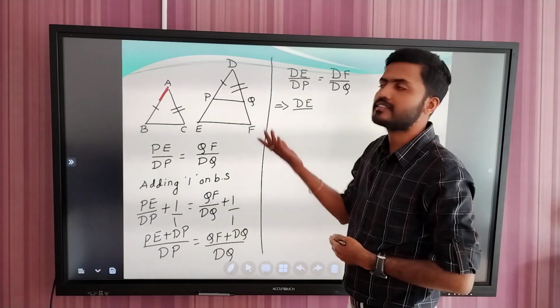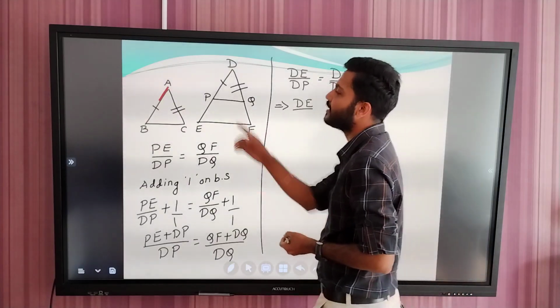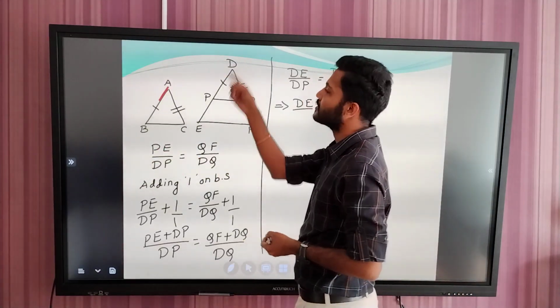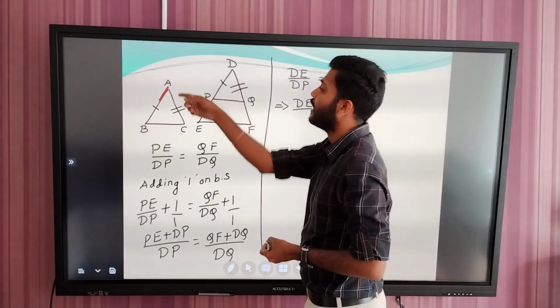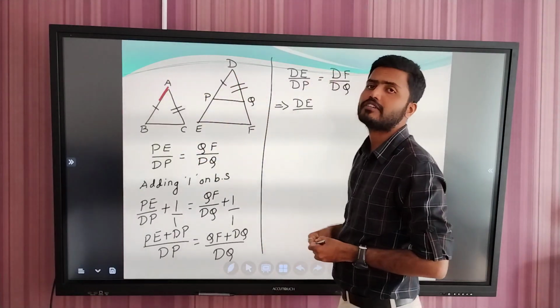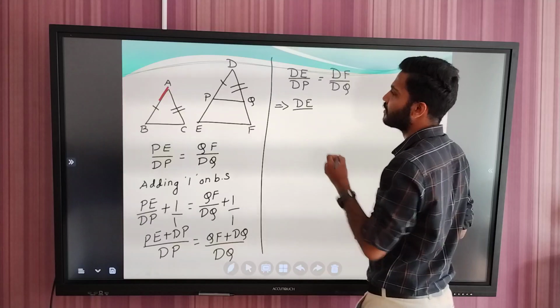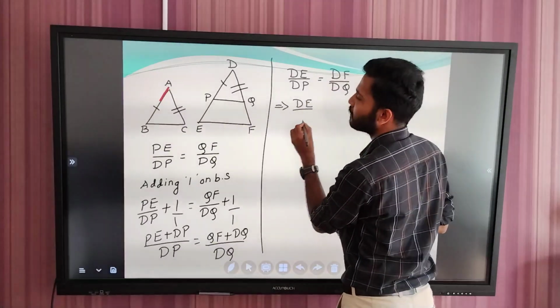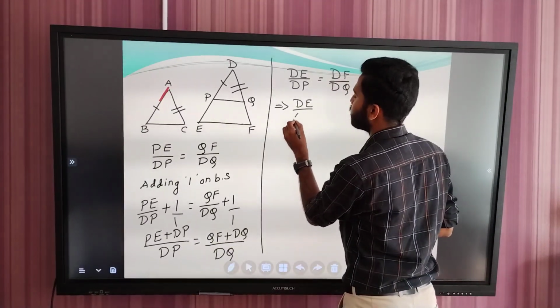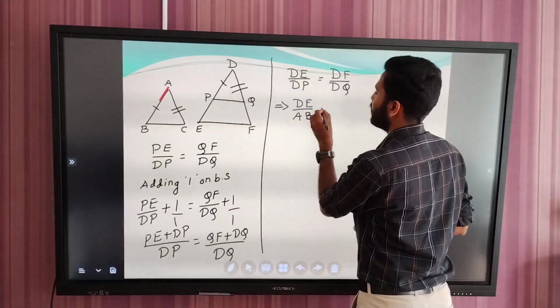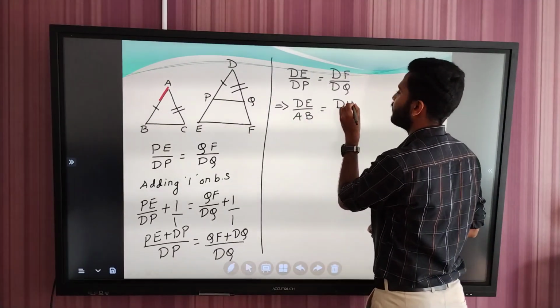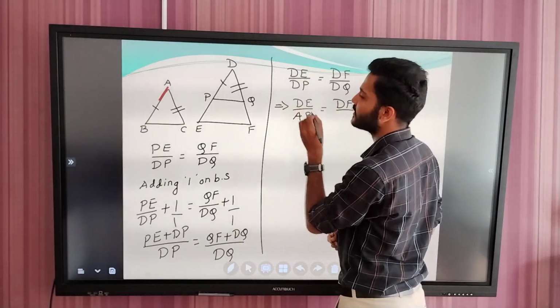So by construction I know for a fact that the length of AB is equals to the length of DP and the length of AC is now equal to the length of DQ. So in place of DP I will now write AB. So DF divided by DQ, in place of DQ I will write it as AC.